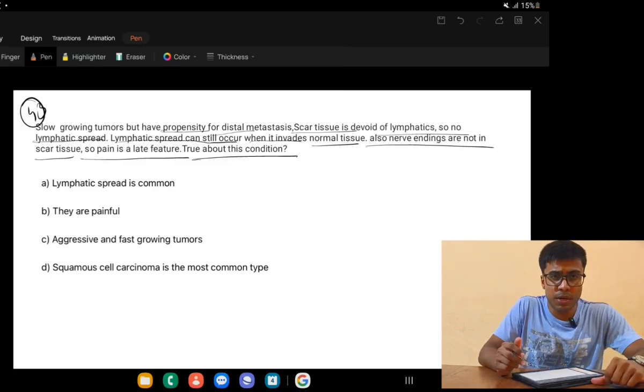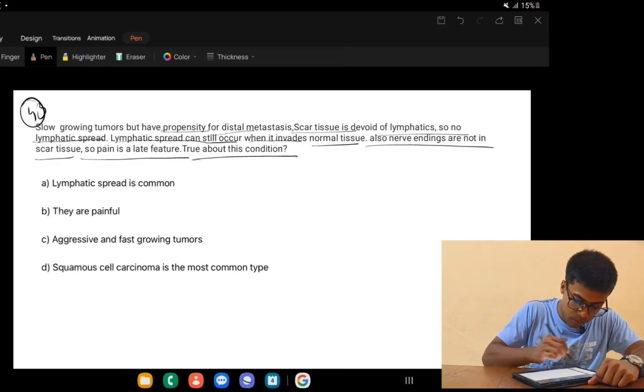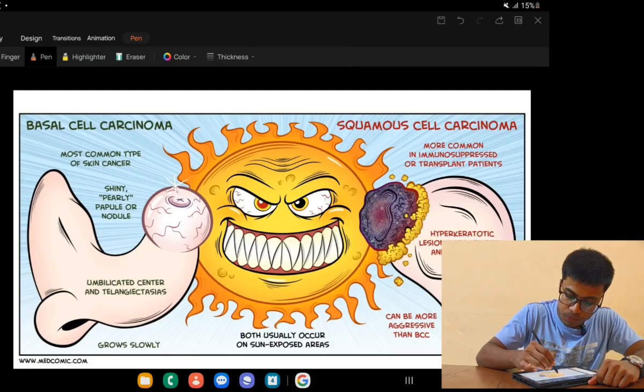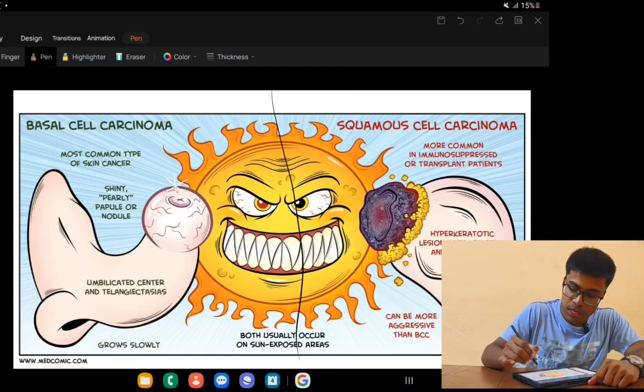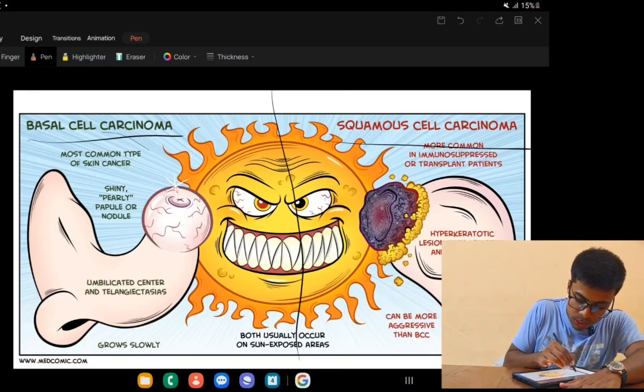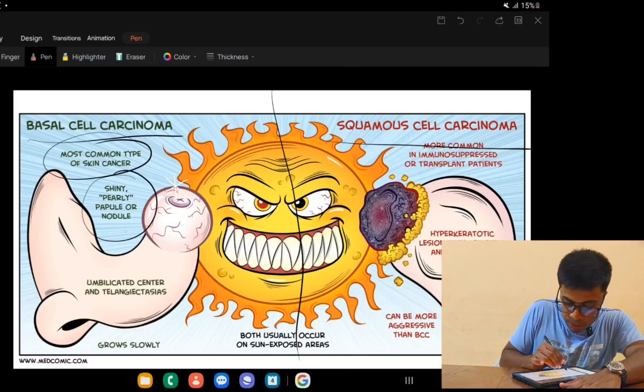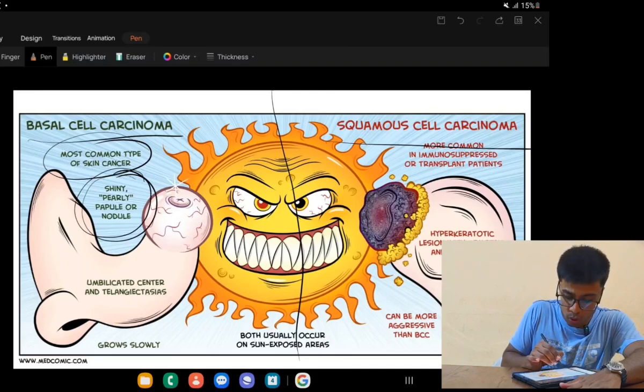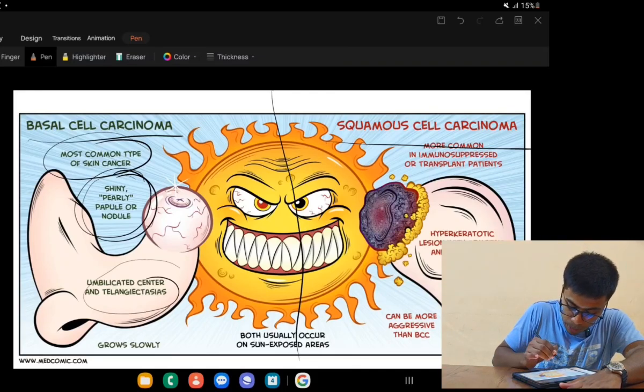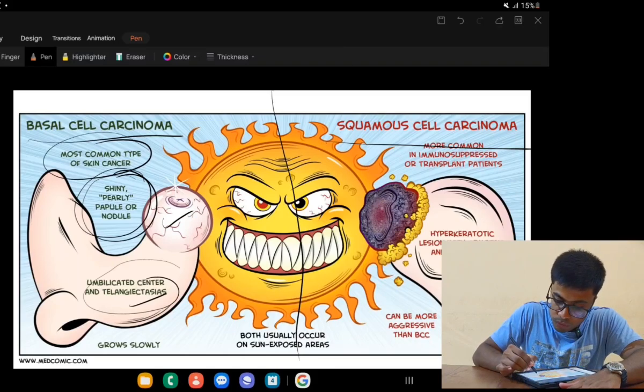So this is probably a cancer related to skin. But which type? We have 2 types of cancer, basal cell carcinoma and squamous cell carcinoma. Basal cell carcinoma is the most common type of skin cancer. Shiny pearly papule or nodule, umbilicated center, and telangiectasia are the features. Squamous is more common in the immunosuppressed or transplantation.